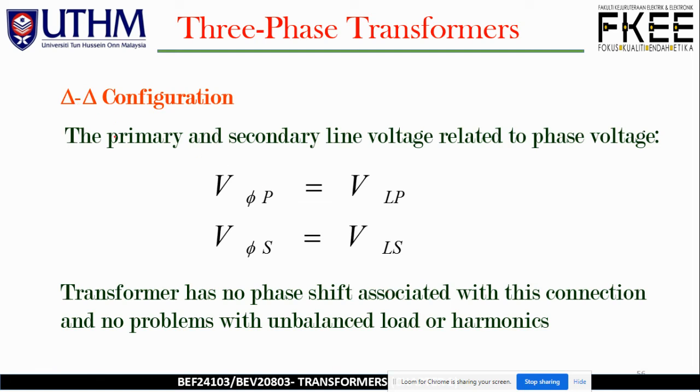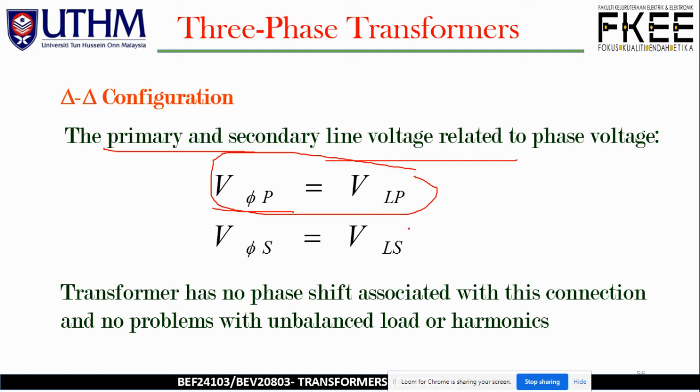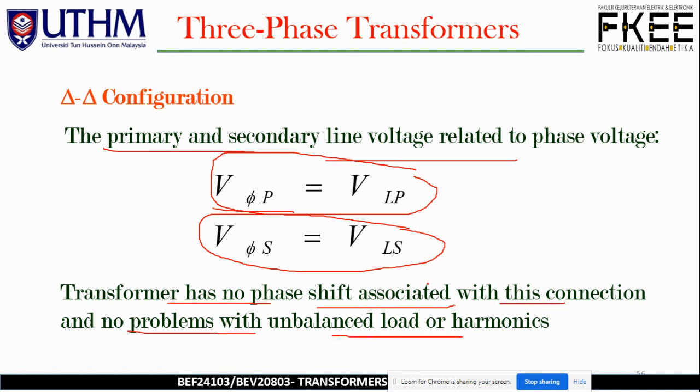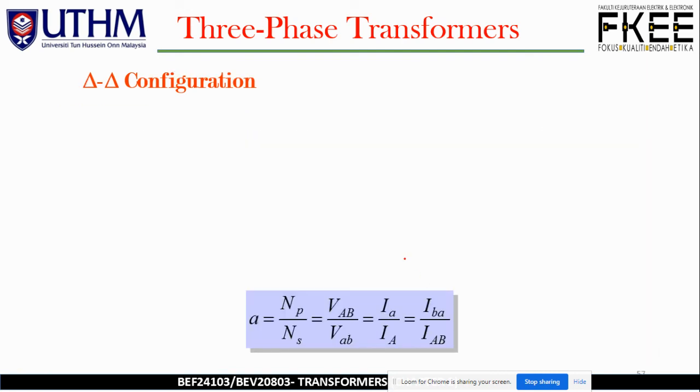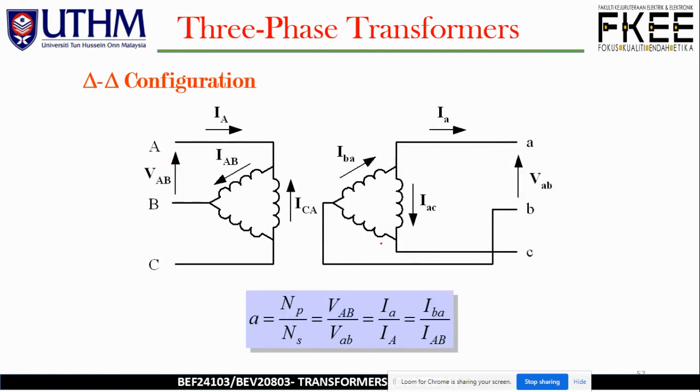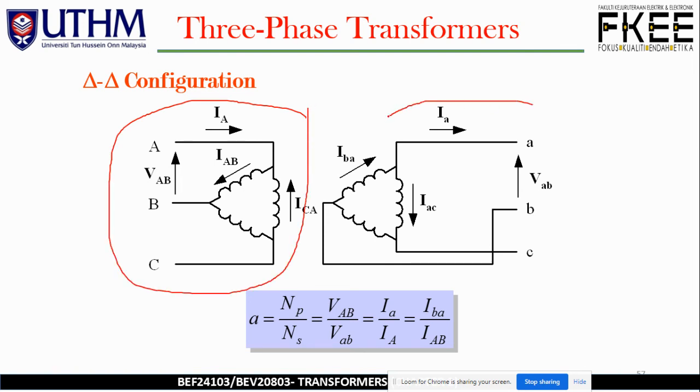So about the delta delta configuration, the primary and secondary voltage related to phase voltage, no difference. We have V phase primary equal to V line primary, and V phase secondary equal to V line secondary. So the transformer has no phase shift associated with this connection and no problem with unbalanced load or harmonics. So for the delta delta configuration, how the diagram looks like: this is at the primary and this is located at the secondary. So a equal to NP over NS.